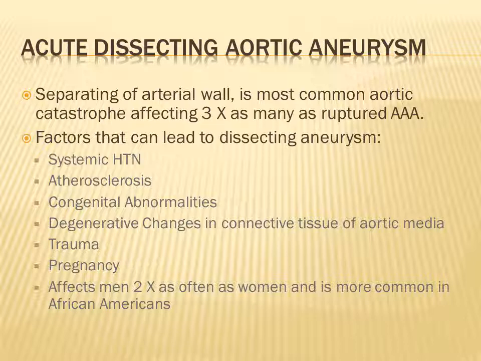Hypertension that is uncontrolled and whose control is not maintained is a significant factor. Atherosclerosis, congenital abnormalities, changes in the connective tissue, trauma, pregnancy. It affects 2 times as many men as women and is also more common in African Americans.